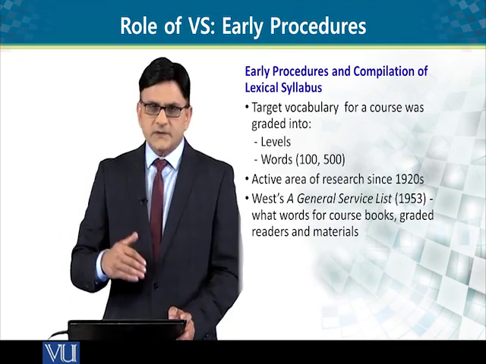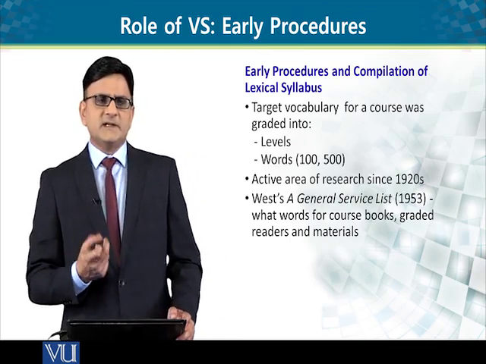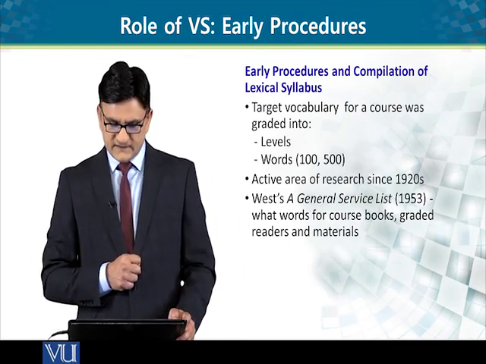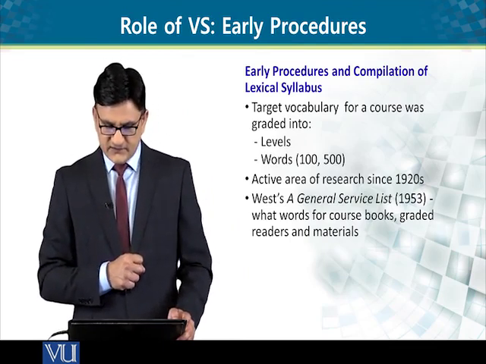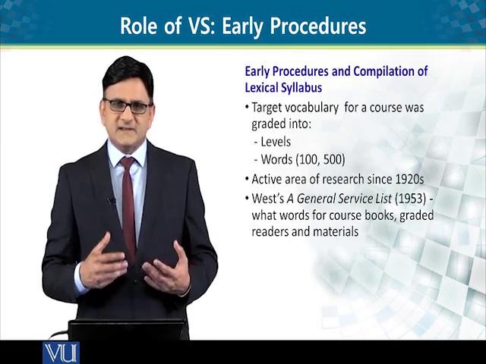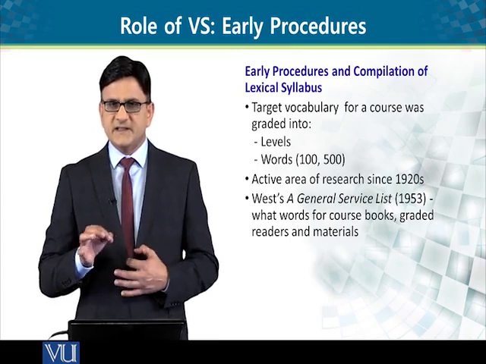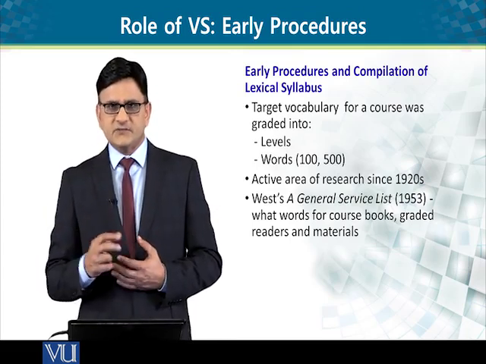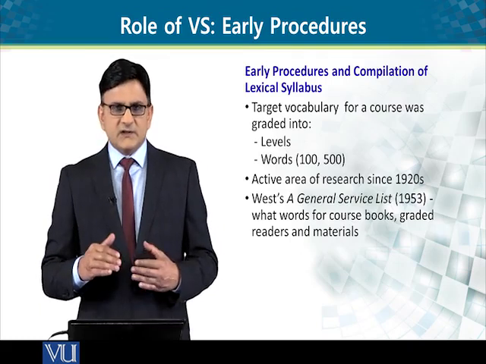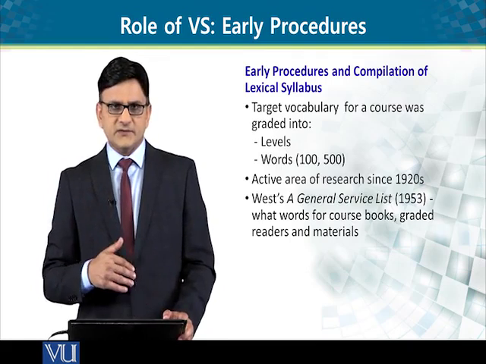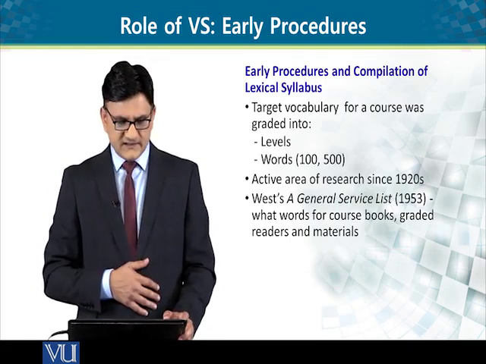Right. So we've got a reference book, the West General Service List, 1953. So it became a reference list for textbook writers: what words to be selected and what not to be selected. So this actually became a reference book, and you could see this one online as well.